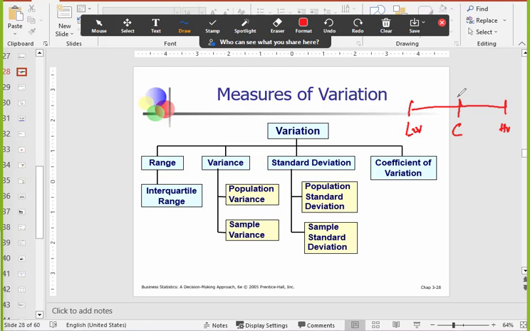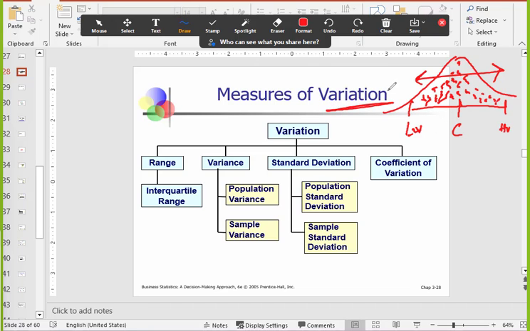If the center is here, most of the numbers will be located here, few of them here. The more you go far away from the center, the number of observations will fall. So this will look like a symmetric shape. The width of the shape is determined by the variation.